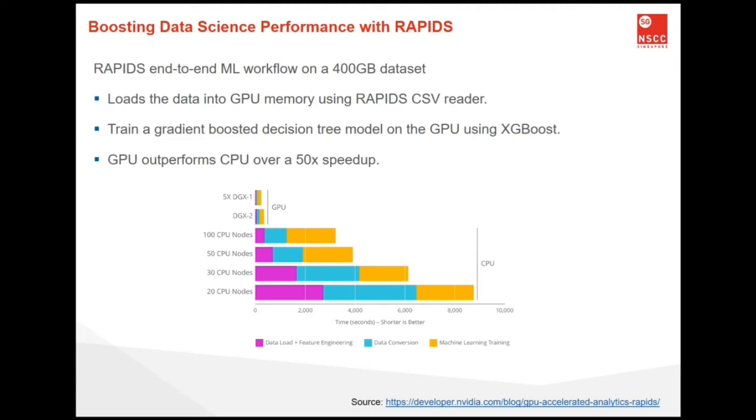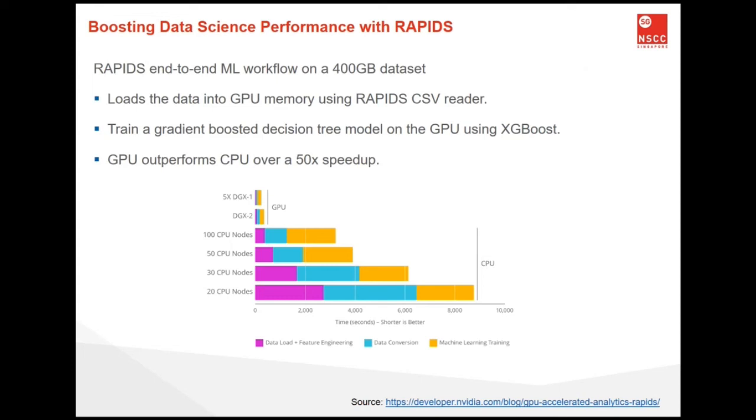The resulting feature data is then converted and used to train a gradient-boosted decision tree model on the GPU using XGBoost, extreme gradient boosting. This workflow runs end-to-end on a single NVIDIA DGX-2 server with 16 GPUs, which is 10 times faster than 100 AWS instances.